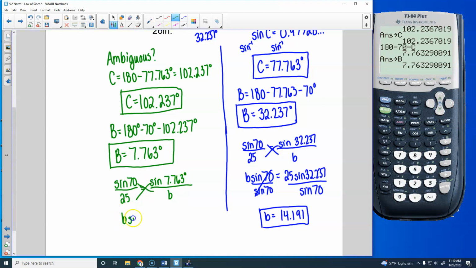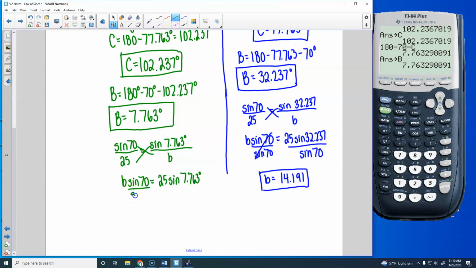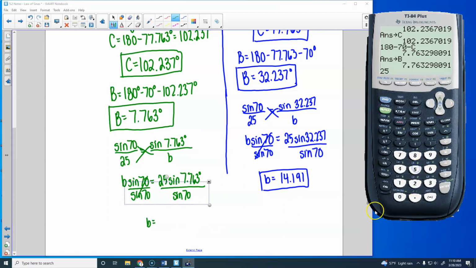I'll get B sine 70 equals 25 sine of 7.763. I will divide both sides by sine 70. So B will equal 25 sine B divided by sine 70. It's going to be 3.594.